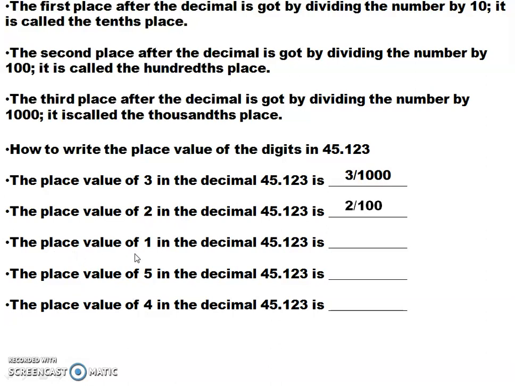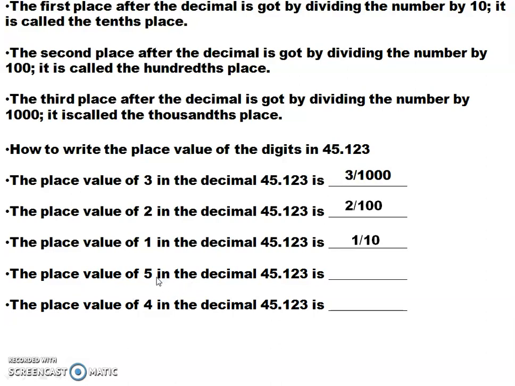Now the place value of 1 in the decimal 45.123. Students, I'll wait for 1 second. Can you tell me what is the answer? Hope you said the answer. The answer is 1 by 10.